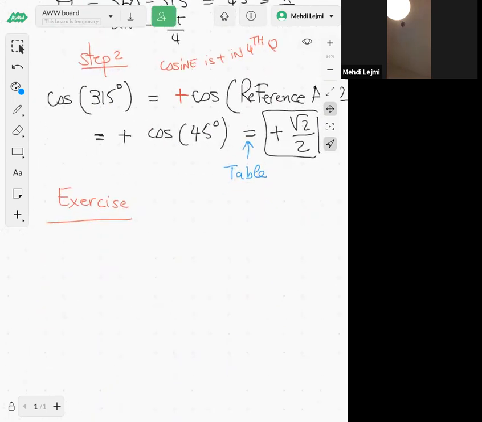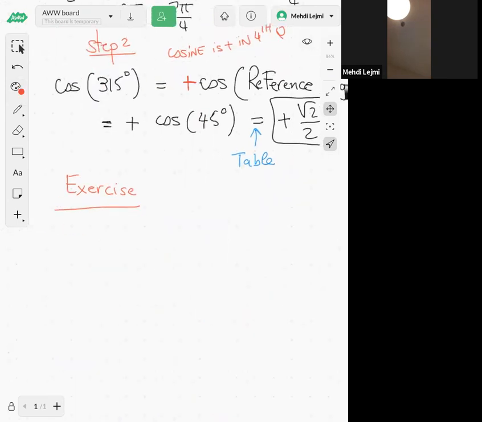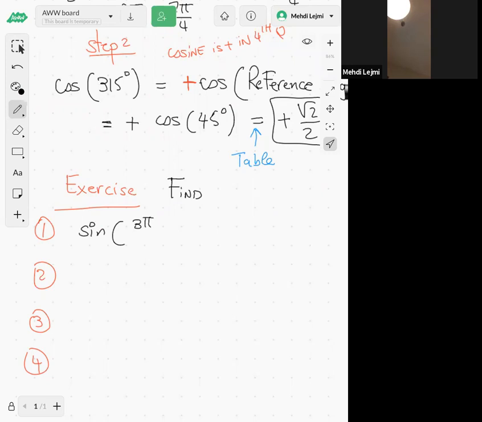All right, so here's an exercise for you guys. We need to find: number 1, sine of 3 pi over 4. Number 2, sine of 5 pi over 3.